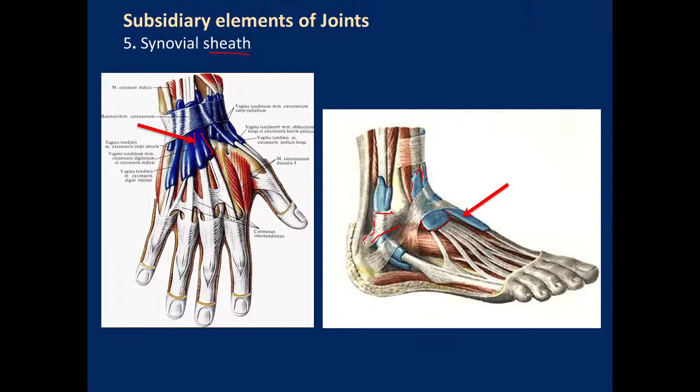We call them retinaculum, and between them and the tendon there may be large friction. So to reduce the friction, the synovial sheath helps it to move easily.